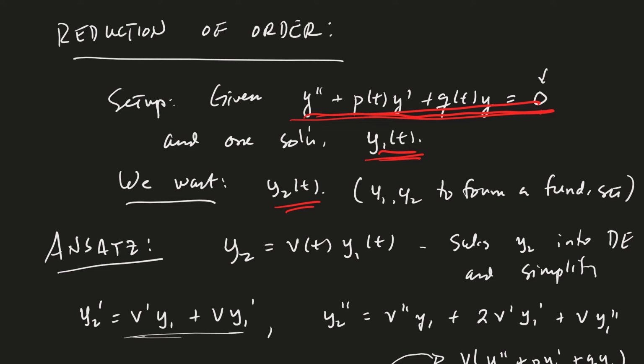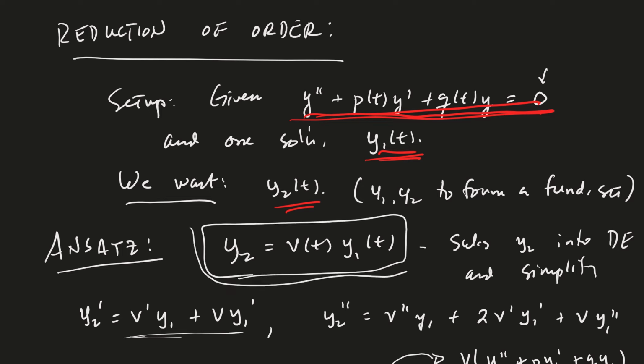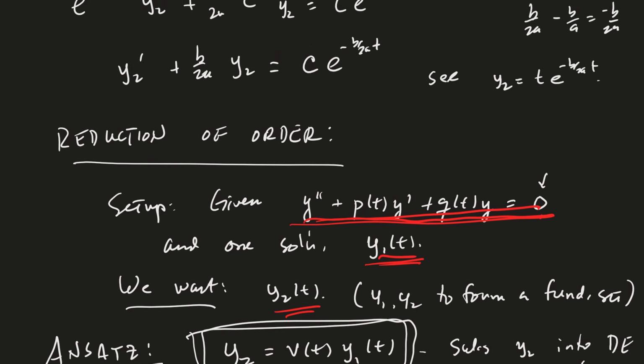The way to do that is through this ansatz, which is not intuitive at all, but it works. See if you can prove then that the y2 in this case actually gives you what you want. Good. So in the next video we're just going to try a couple of examples.